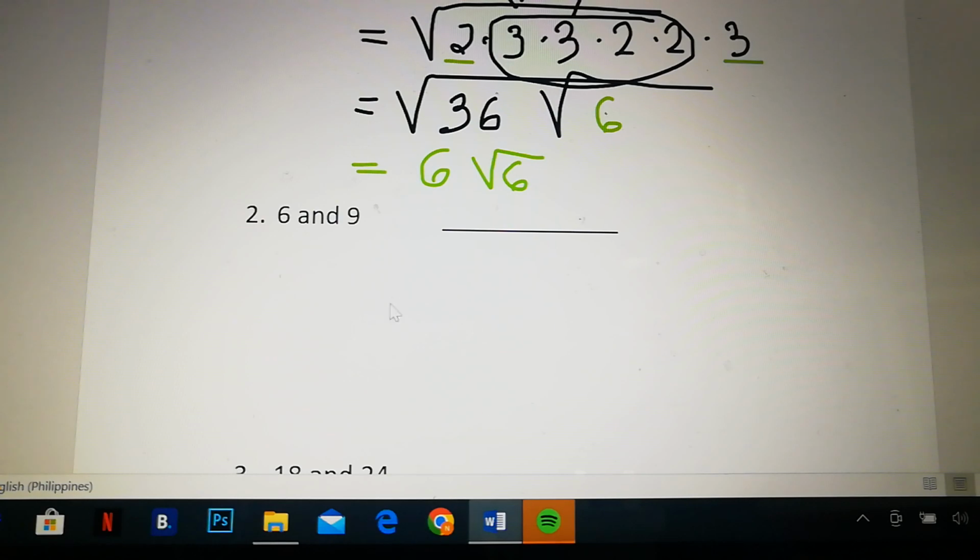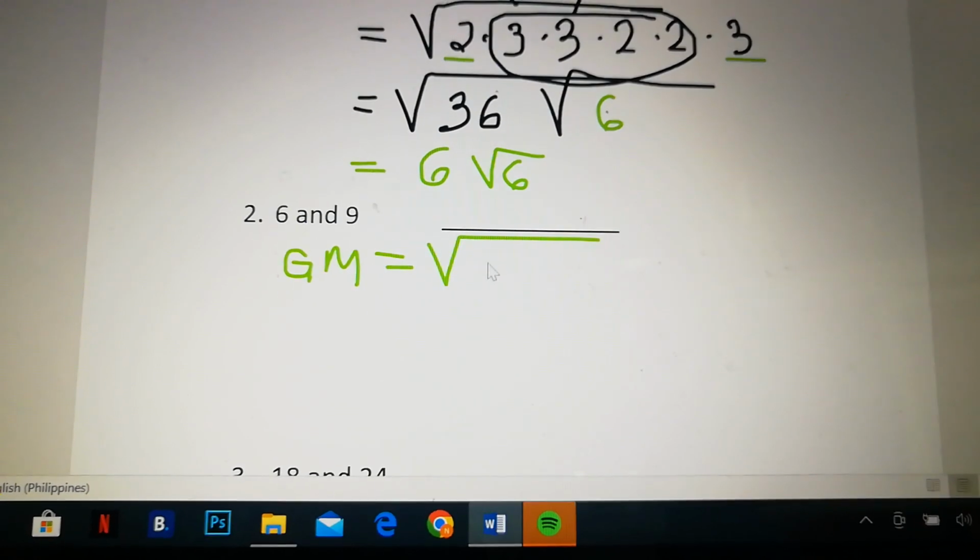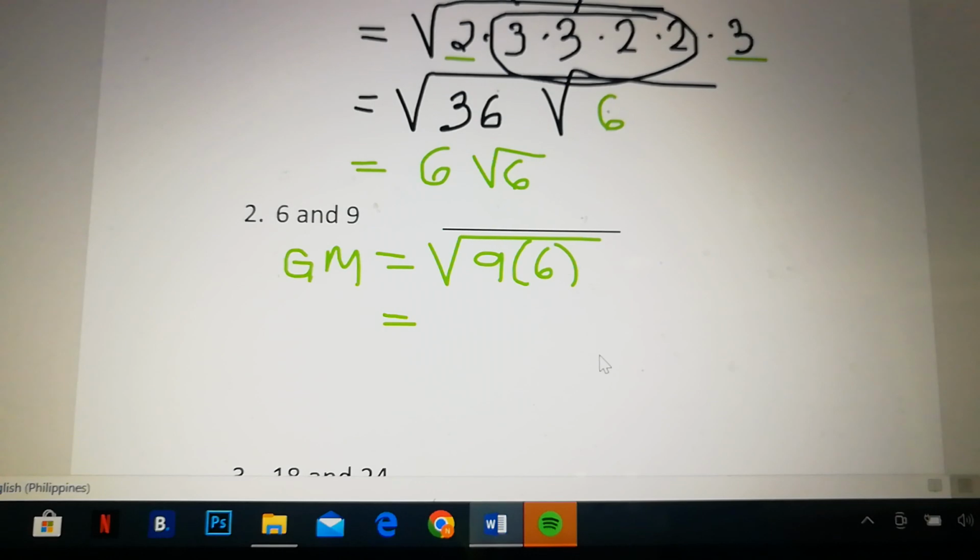Next, 6 and 9. The geometric mean of 6 and 9 is simply the square root of their product. So 9 times 6. Now, since 9 is a perfect square, no need for you to factor. This is already its factor.